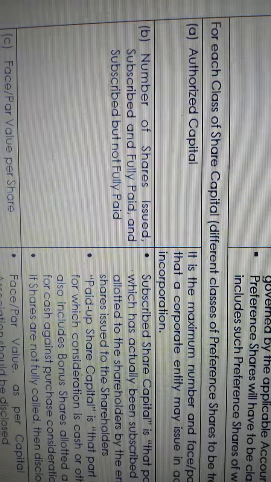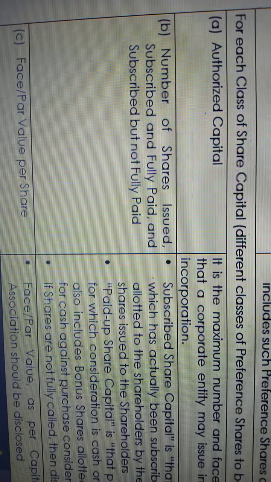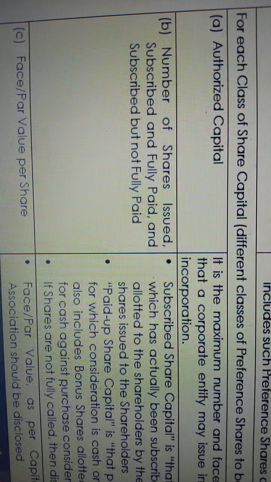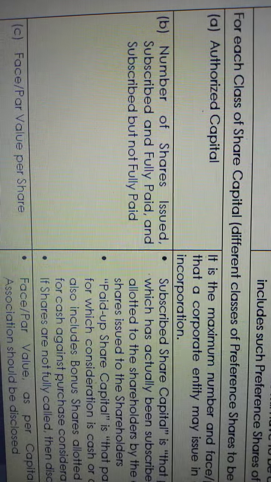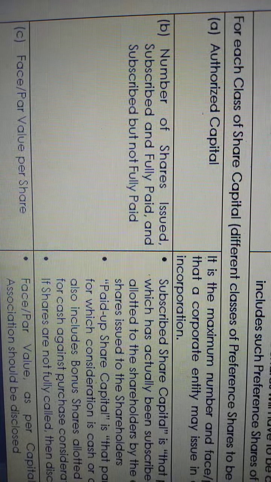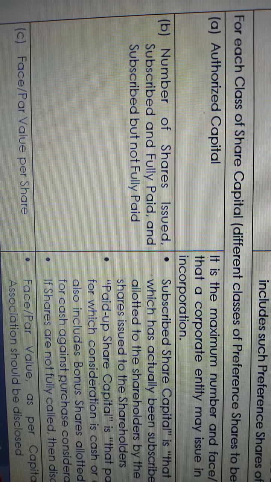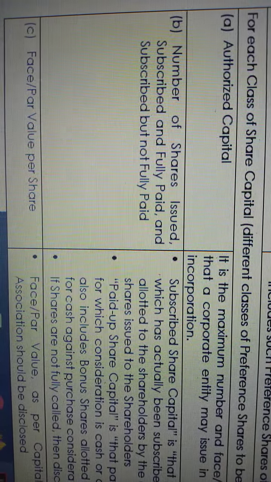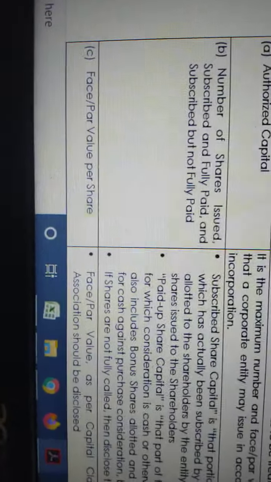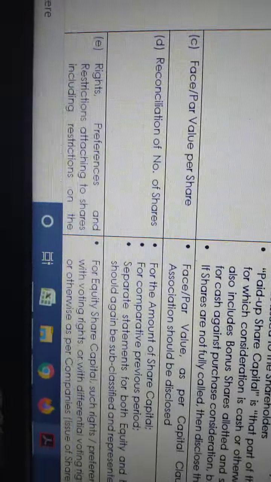I have to write that here. Then the number of shares issued, subscribed and fully paid, and subscribed but not fully paid. That breakup I have to give: next to authorized capital, how much is issued out of authorized, how much is subscribed, how much of that subscribed is fully paid and how much is not yet paid. Then I have to give the face value, par value per share information also.